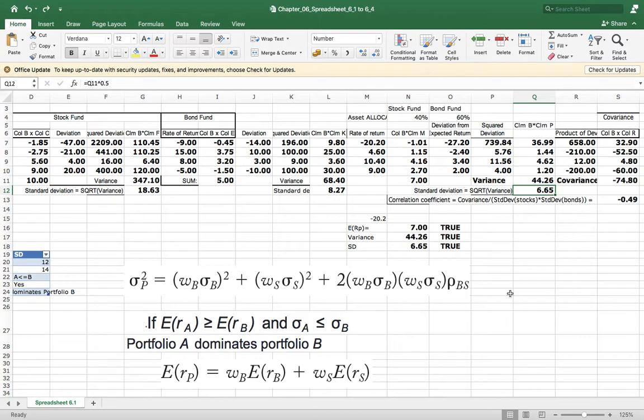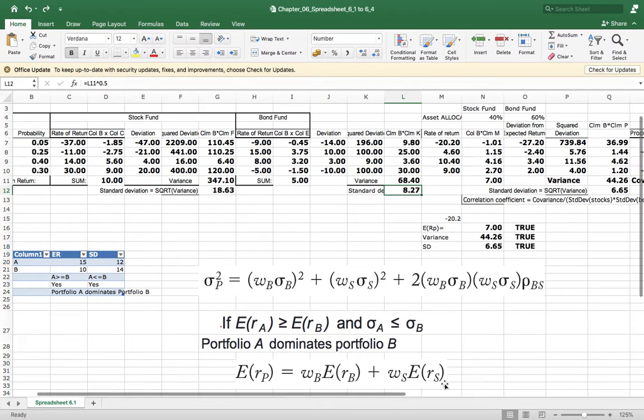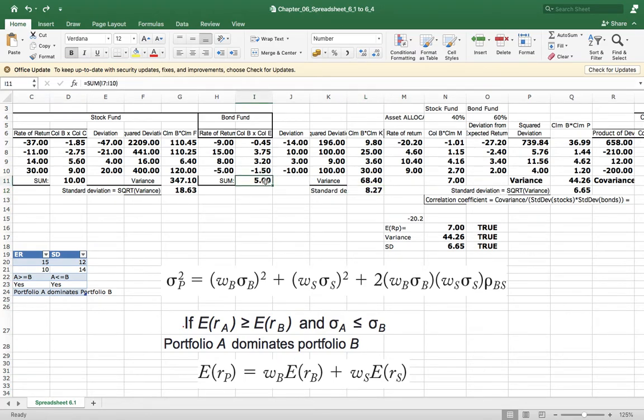Now the standard deviation is only 6.65, much less than 8.27. And the expected return also: your bond fund is only giving 5% return with a standard deviation of 8.27, whereas your portfolio is giving 7% with this 40-60 diversification.